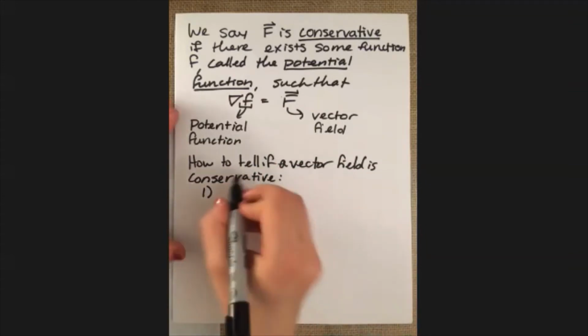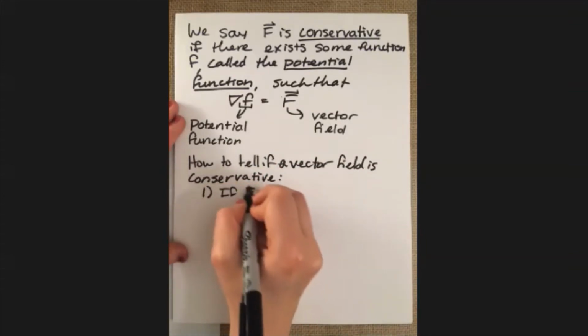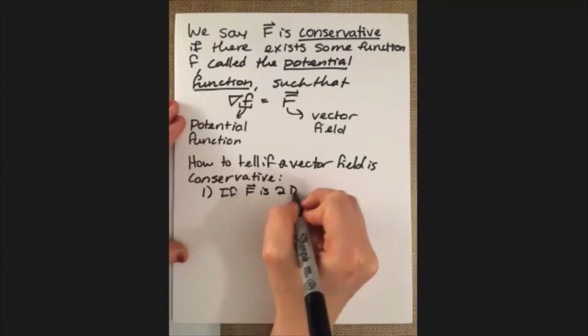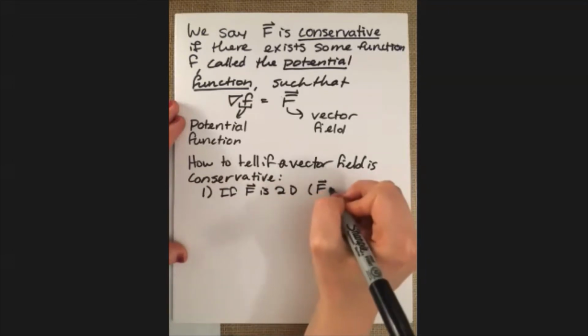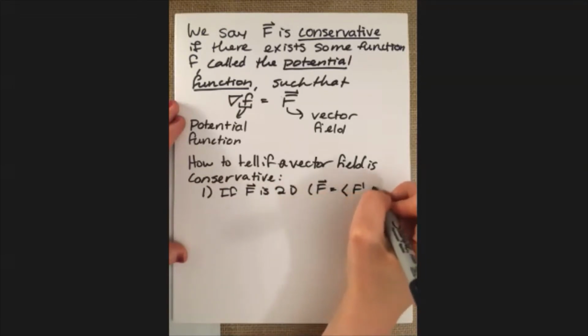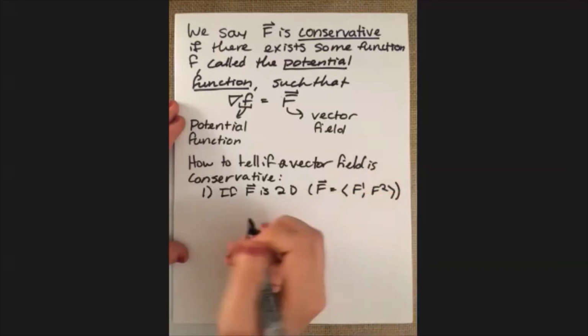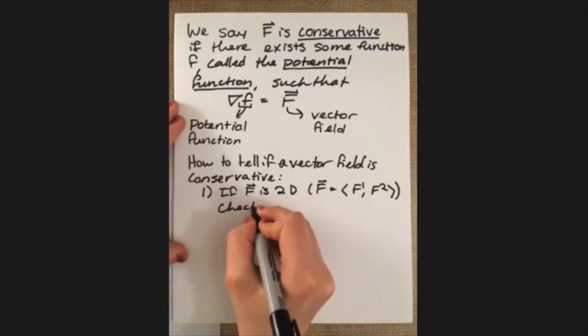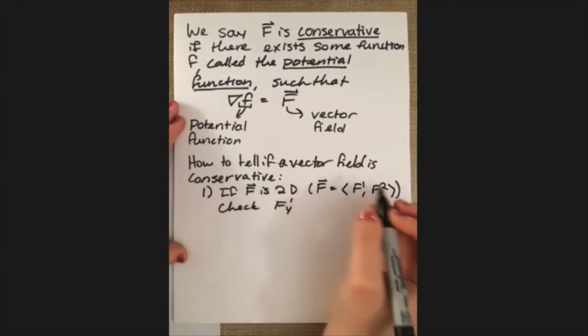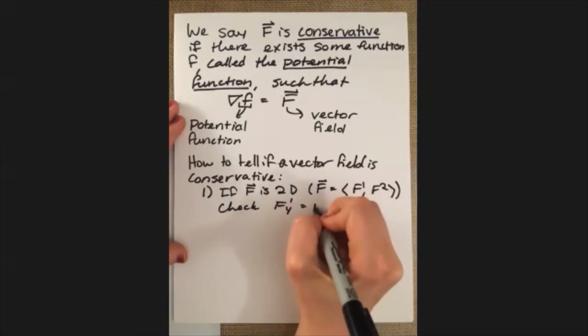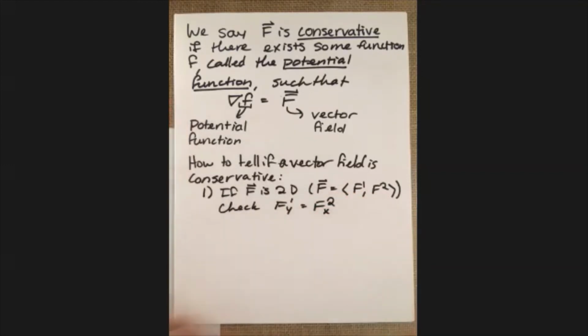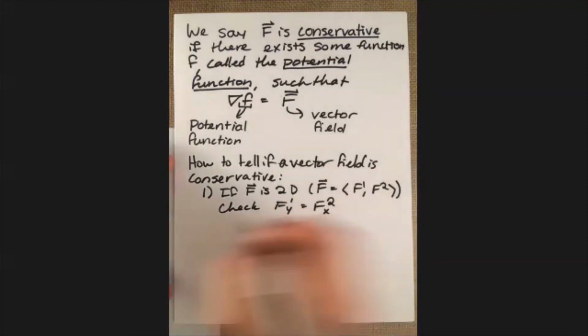There's a couple of options here. If f is 2D, then that just means that f can be written as f1, f2. Then we check that the partial derivative with respect to y of my first component is the same as the partial derivative with respect to x of the second component.